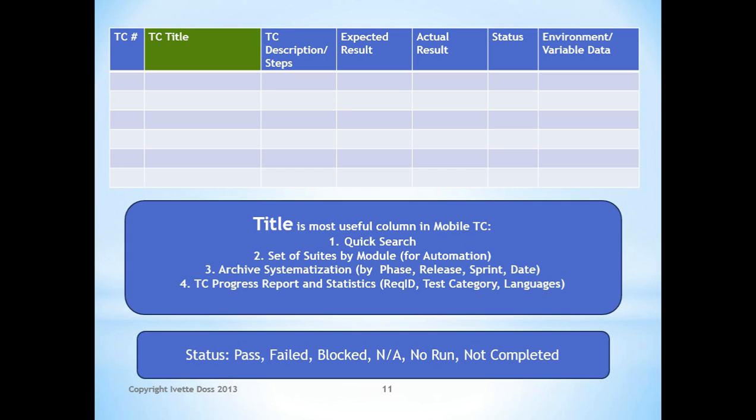Also, if we look at test case reports or statistics, or when a bug report derives from a test case, then we want to see in the test case title the requirement ID related to the test case, or the test category, or the languages that were involved.